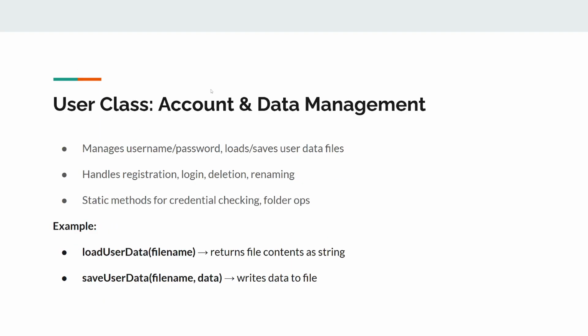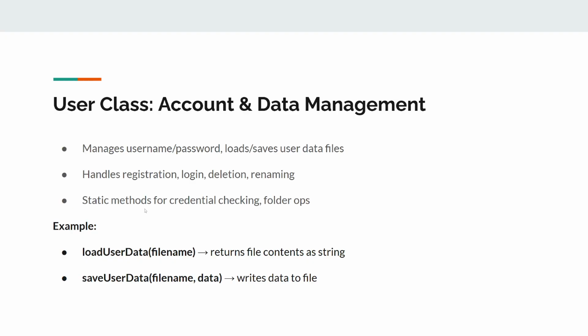So there's also a user class, which manages account and data management. This is what's in charge of storing your username and password and loading that. It handles registration, so when you register as a user, the user class is going to run through that, as well as renaming your user or deleting the user, so you are able to delete your user if you ever wanted to.